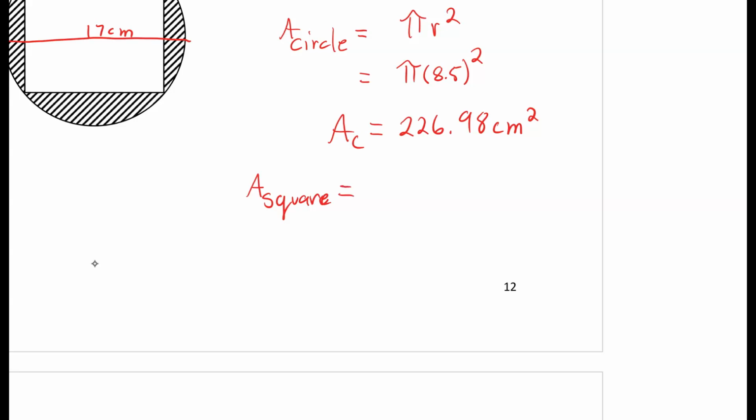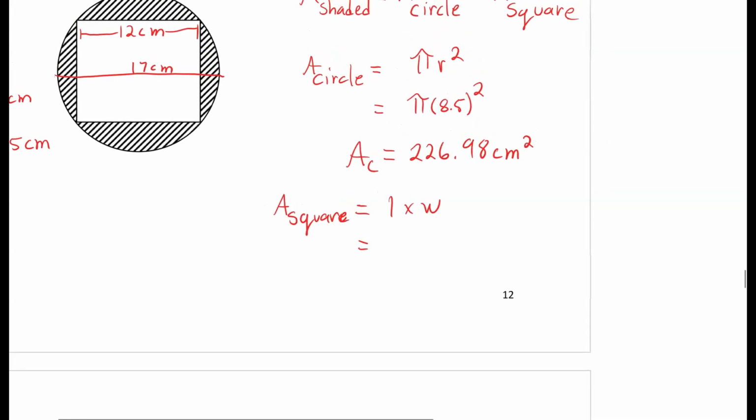The next part we need to find is the area of the square, which equals length times width. So our length and width are going to be the same for a square because they're always equal. So we have 12 times 12. So the area of the square equals 144 centimeters squared.